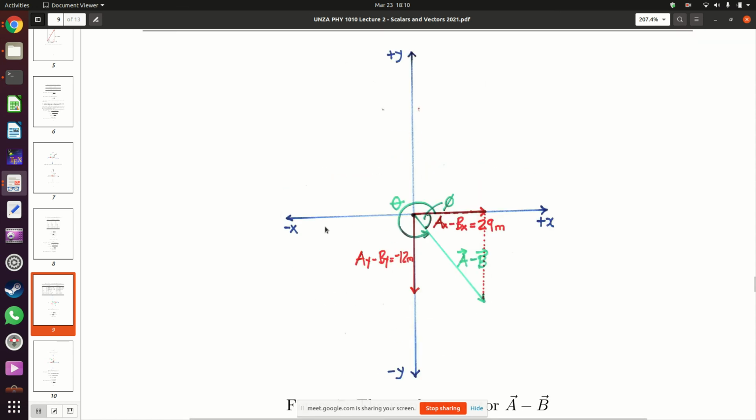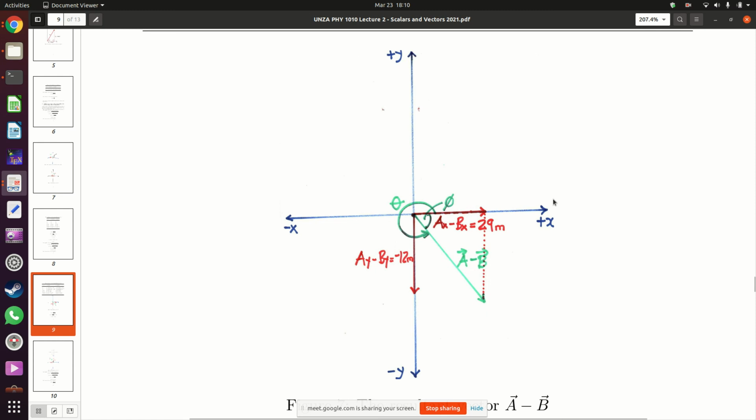But if your angle was on this side, if you move from here to this side as the angle of the triangle, you're moving in an anti-clockwise direction, so your phi is going to come out positive, because you measure phi from the nearest x-axis, whether it's this one or that one.